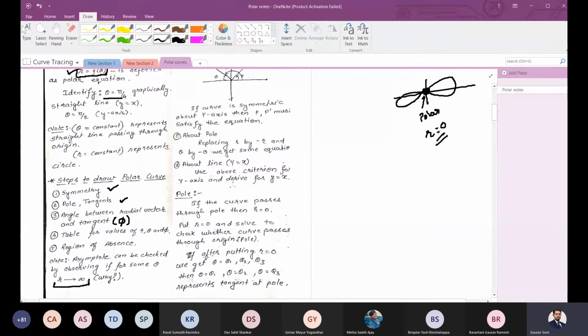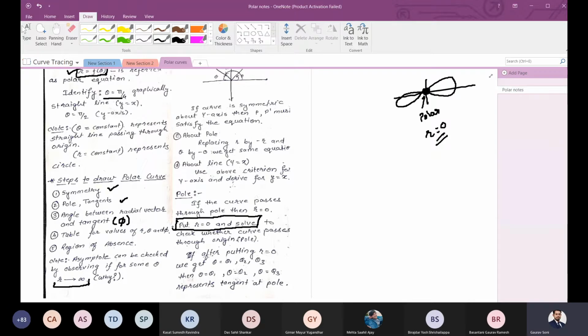So if I want to check whether a curve passes through the pole or not, I put r equal to 0 and solve. If we are able to get values of theta, then I will say the curve passes through the pole.